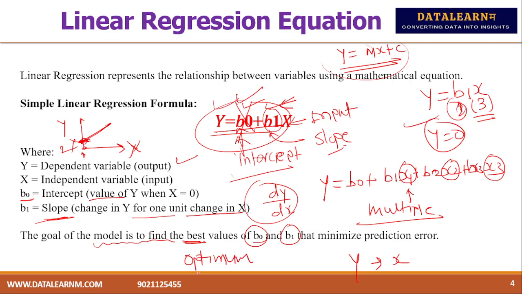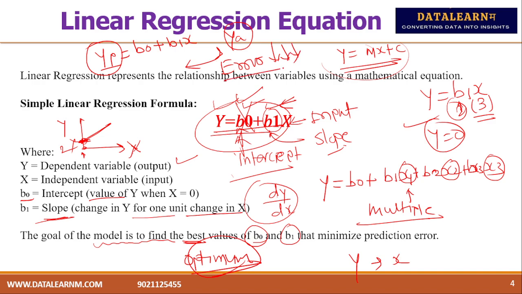It may be maximum, it may be minimum, but it should give you the minimum error. The prediction is made with the help of this equation, yp is equal to b0 plus b1x. Values will be predicted with this equation, then compared with the actual y value, and this difference is the error. This error should be reduced, or it should be less. That is our goal. Is it okay?